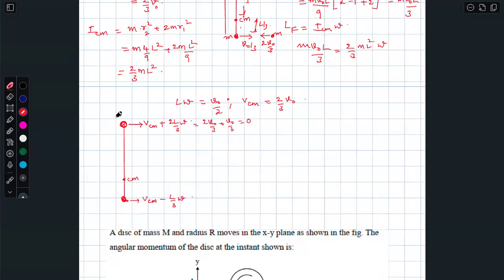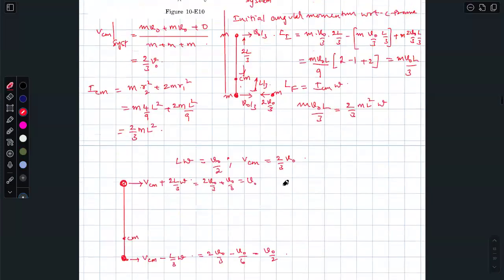This is equal to simply V naught. What about this? VCM 2V naught by 3. L omega by 3, V naught by 6. What is going to be the value of this? 2V naught by 3 minus V naught by 6. V naught by 2. That's all.